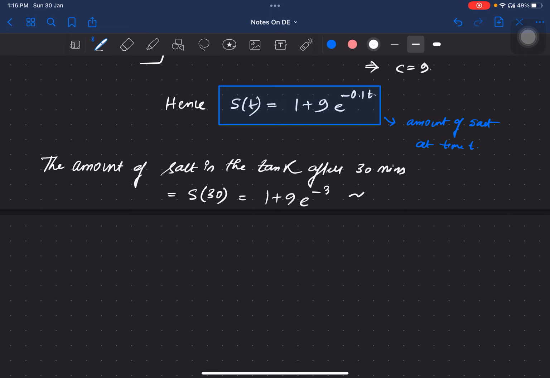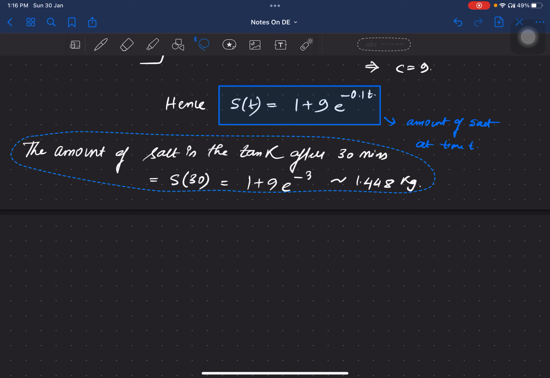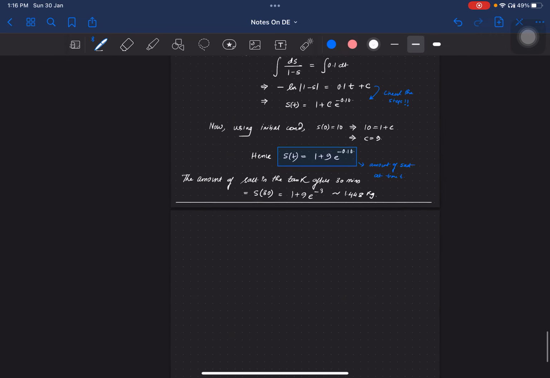You can check, this is 1.448 kg. So this example is done. So let us quickly go through.